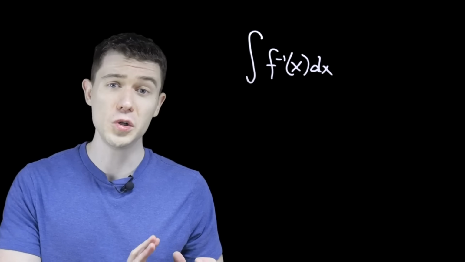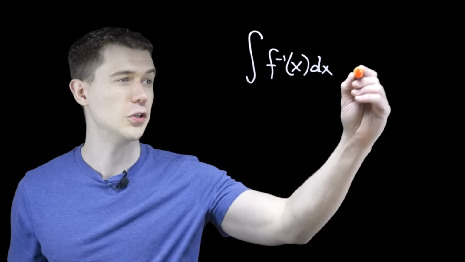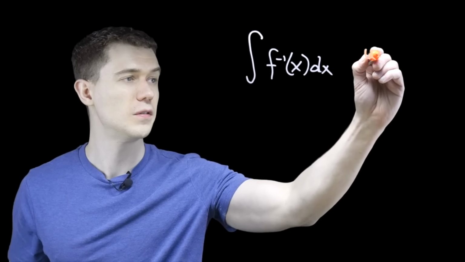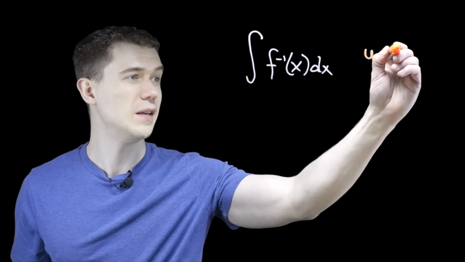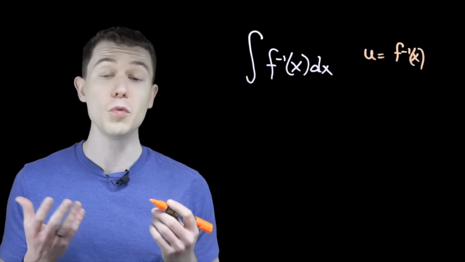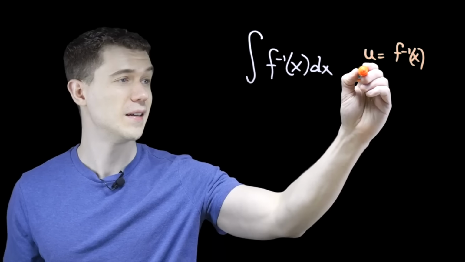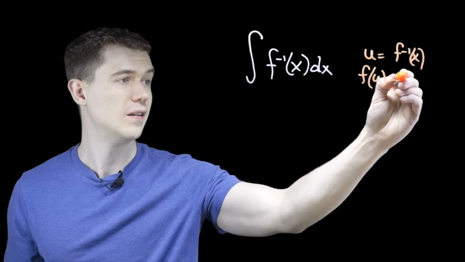First, we'll do a substitution, and then we're going to do integration by parts. So let me show you that substitution. It'll be a u substitution, I'm going to let u be f inverse of x. Or another way of saying this would be that f of u is simply x.